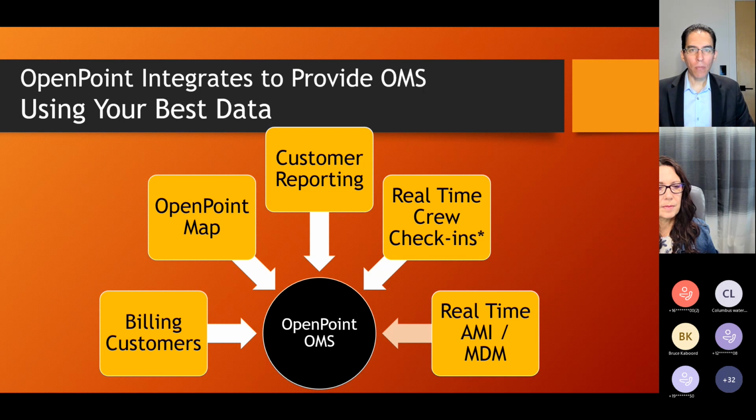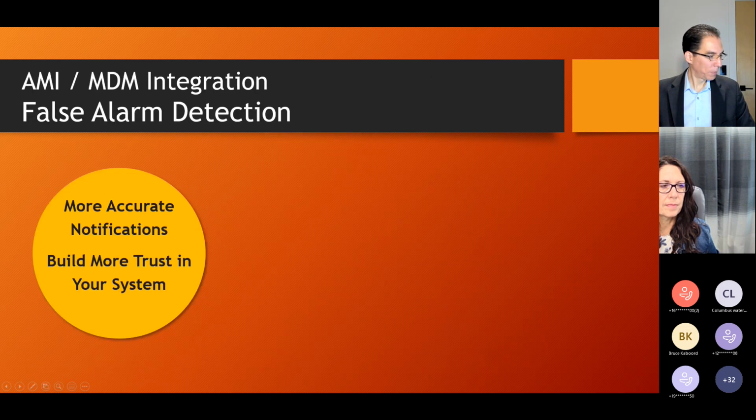In the OpenPoint system, we're trying to take into account the entire context of your system when we're looking at the AMI information, so that we don't just have tunnel vision and take it at face value. We're trying to add in all the information that we have about your system to make that information even more useful. So when we take the AMI information and put it in context, we can create more accurate notifications and start building more trust in the system.